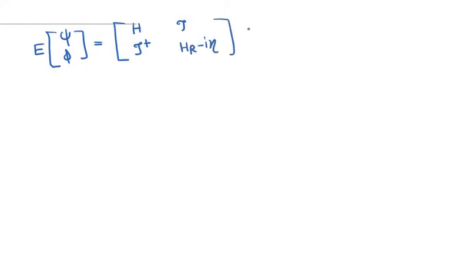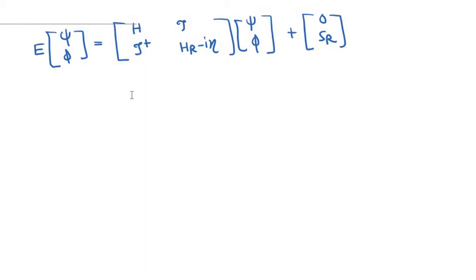So we can write it as E psi phi is equal to H gamma, gamma dagger HR minus I eta, psi phi, plus the source term SR. Okay.